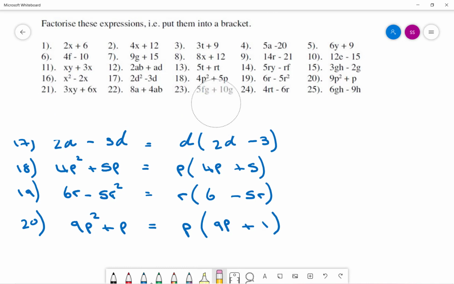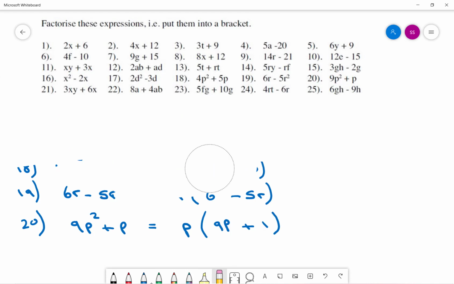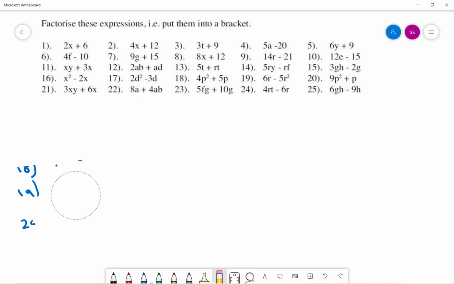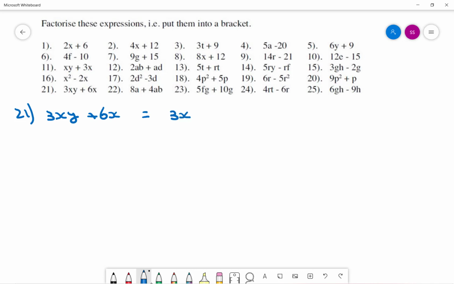Let's clear this off and do the last row here. Okay, here we go. Number 21. 3xy plus 6x. Okay, so our common factor here is going to be 3x.